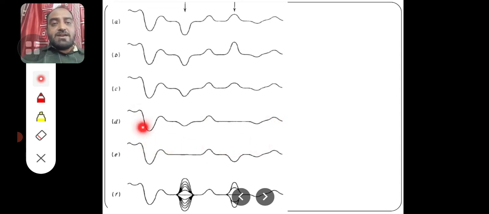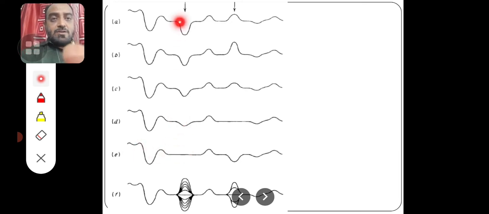When you subtract this new scan from the previous scan, what will you get? You will get a straight line except at the locations where the targets have moved. Only at this location you will get a little peak, and at this location a very little peak.